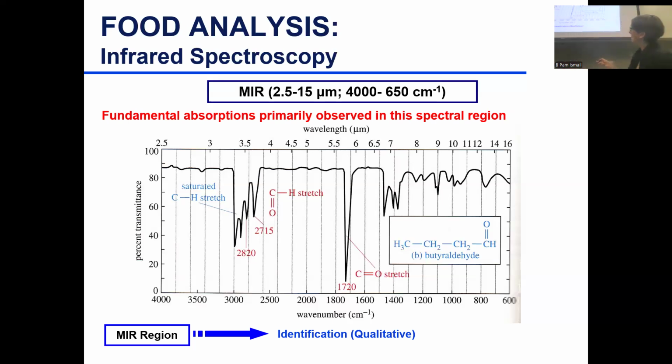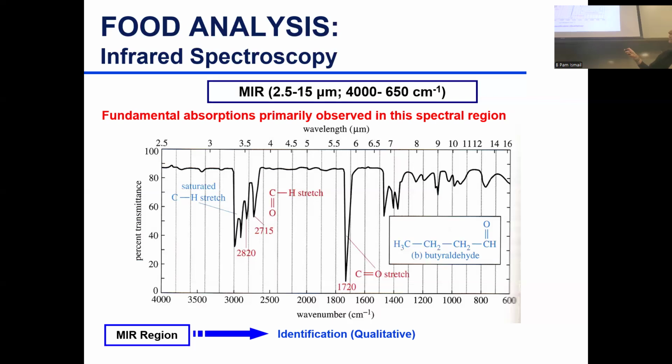And then here we have wave number, not wavelength. What's unique and characteristic about each peak is that it relates to the stretching and bending of a specific functional group in a molecule. If you see, each peak is designated to a different group.